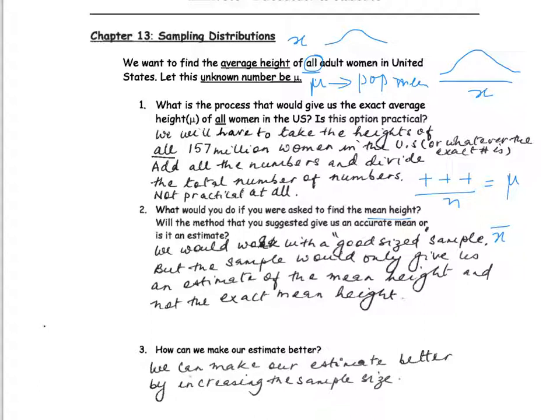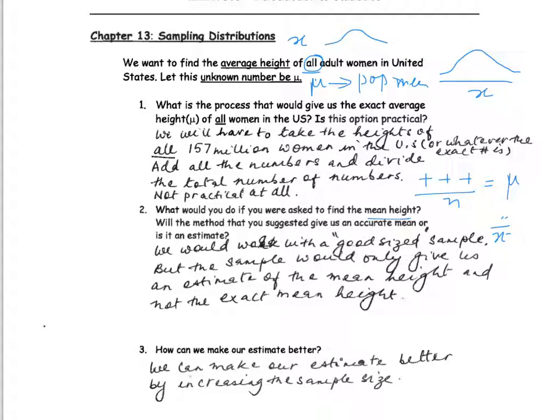So find the mean of the heights of all women in that particular sample, which is x bar. We're talking about the sample mean, so it's denoted by x bar. And then we could say that the true mean of all US women is close to the number x bar.